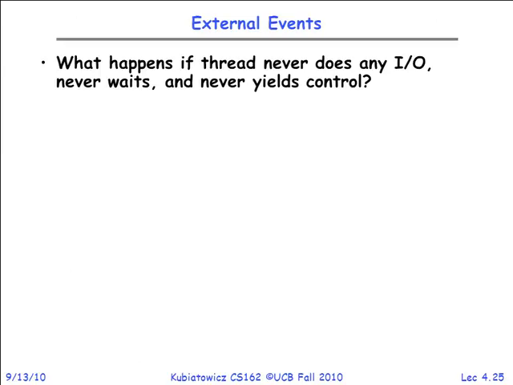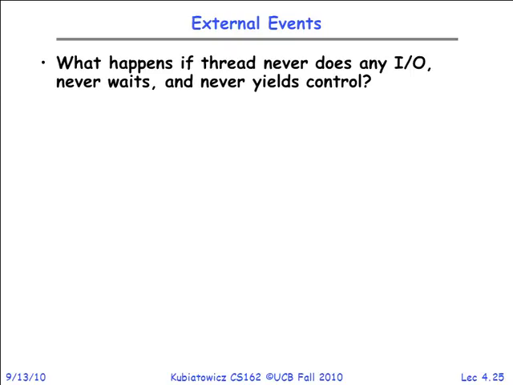How many people have experienced this with something more modern than Windows 3.1? Yeah. So this is clearly not a protected operating system because it's very easy for a thread to go into an infinite loop and lock everybody up. So that's why, for instance, Compute Pi forgets to ever print or yield.